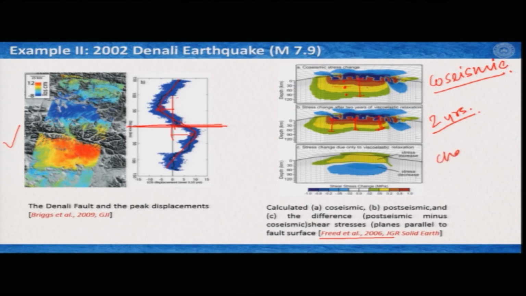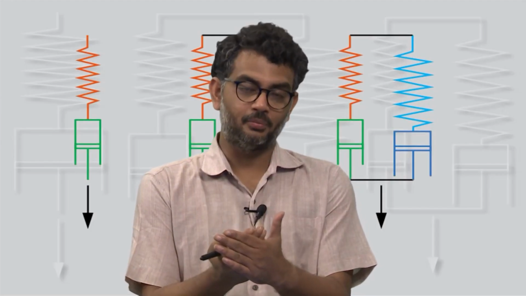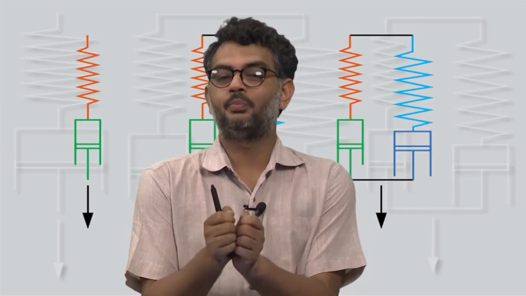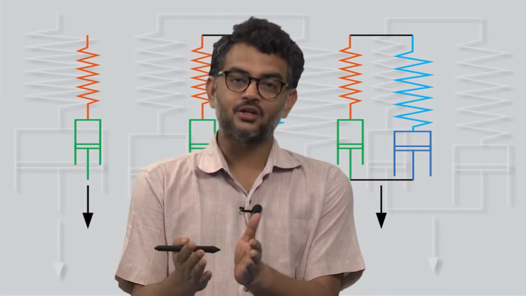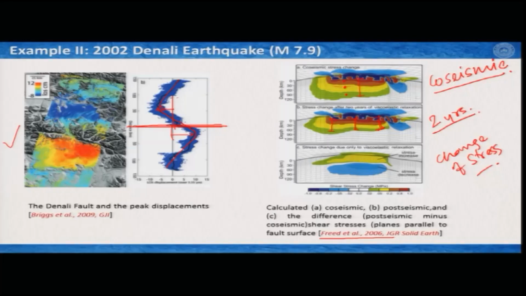That means, if you subtract from this to this, this clearly indicates that we are recovering the stress, and this is an excellent example of Maxwell rheology: when you have instant deformation, the spring takes the lead, but in the long term the dashpot comes into the picture to recover or not recover the strain and so on.